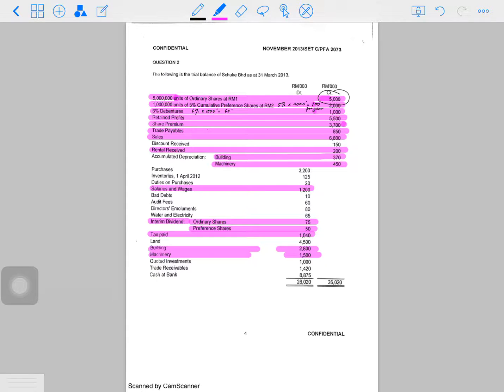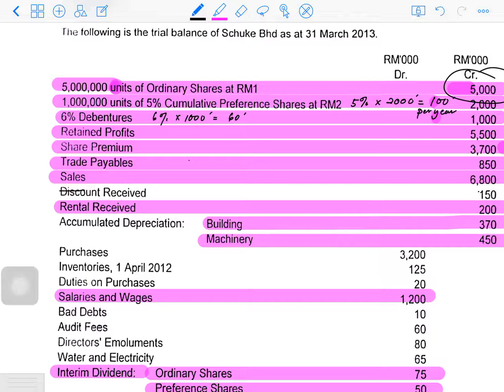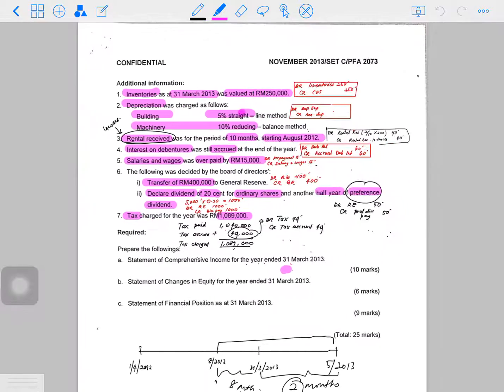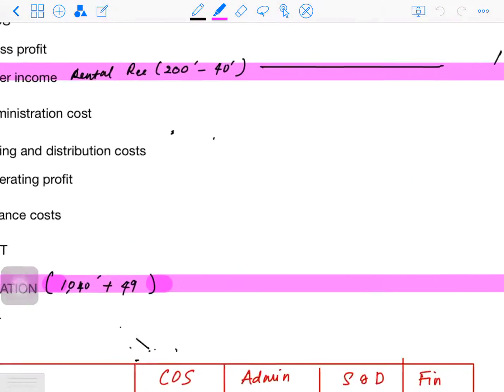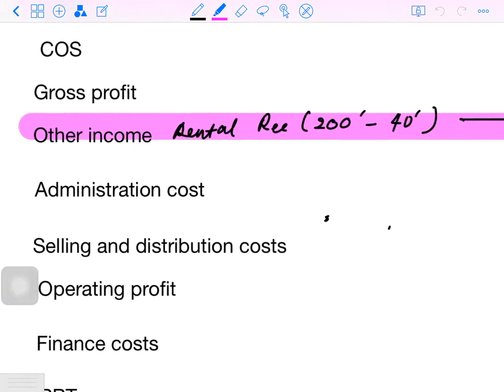Next we have discount received. Discount received is your income. Okay, in your statement of comprehensive income. Let's say we put it here. Discount received.